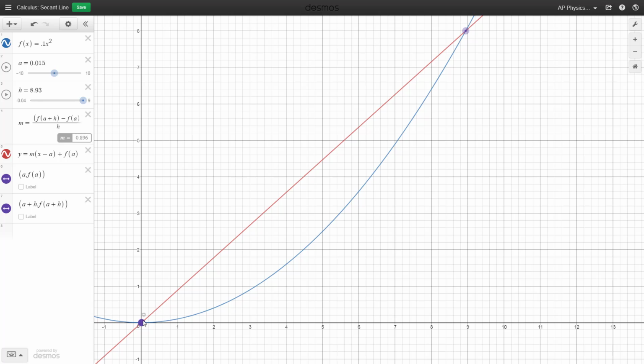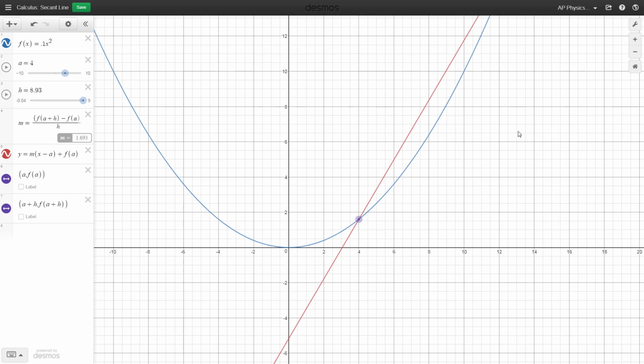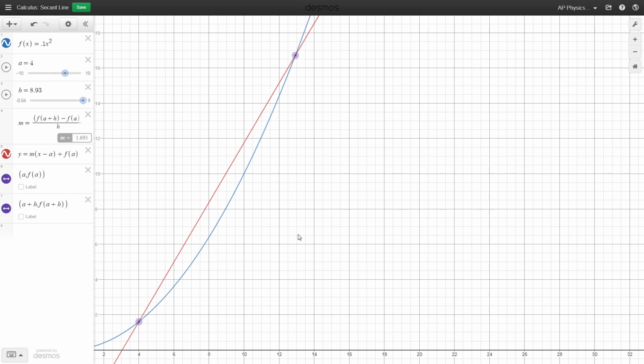So what I can do is bring this point here closer to 5. Maybe I'll put it at 4 seconds, and I'll grab that other point and bring it to the other side of 5 seconds, say 6 seconds. And now what I'm getting is the secant line between 4 and 6 seconds.